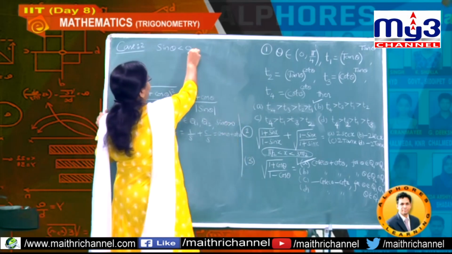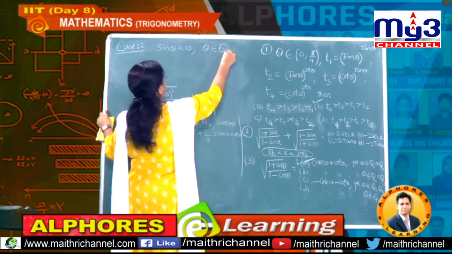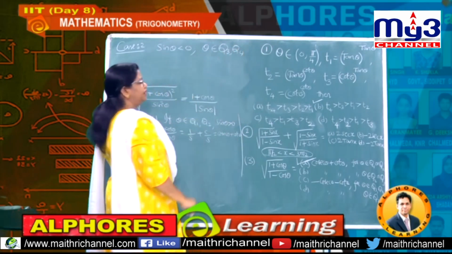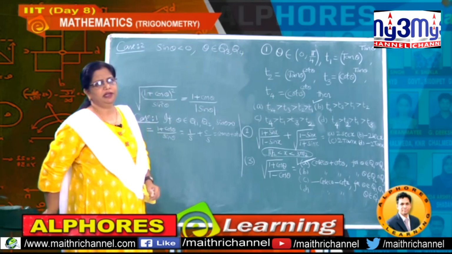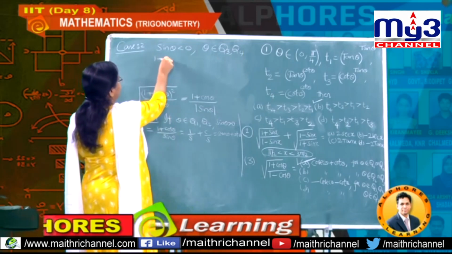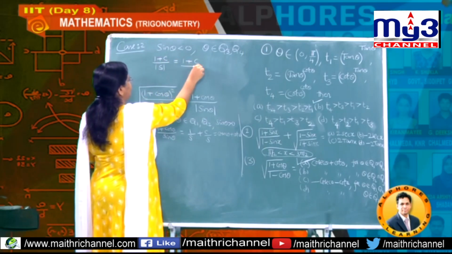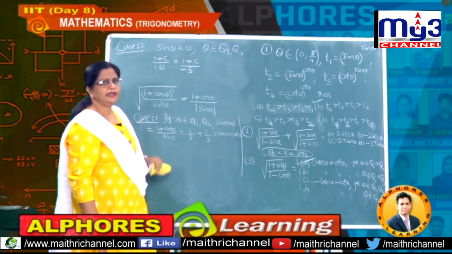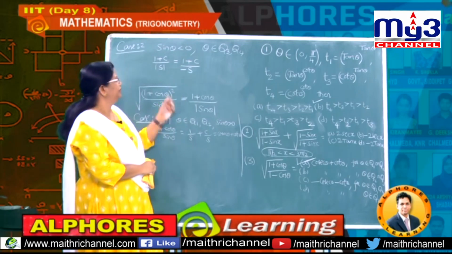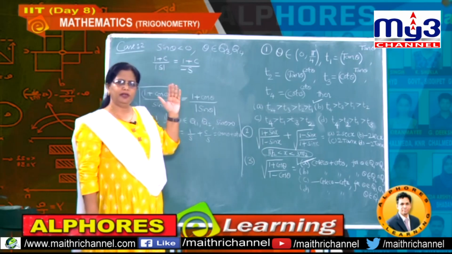So theta belongs to the third or fourth quadrant, clearly you can say sin theta value is negative, and therefore we will write 1 plus cos divided by mod sin is nothing but 1 plus cos divided by minus sin. Understand? Because the square root outcome finally should be positive.